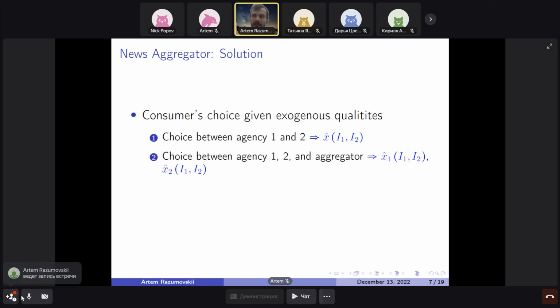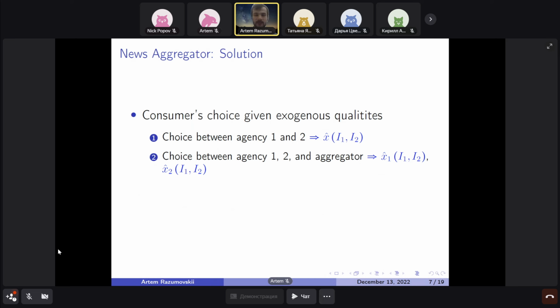Yeah, so we can guess that those who are in the middle, if we don't assume some maybe complicated preferences or choice of topics, probably some part of the consumers who are close to 0 prefer agency 1, and they really prefer that agency.